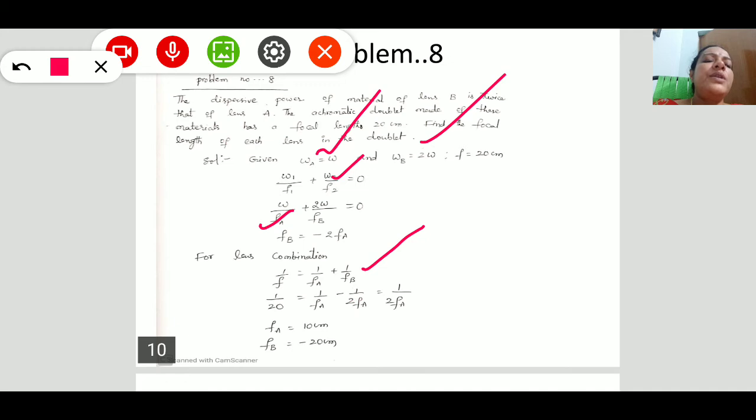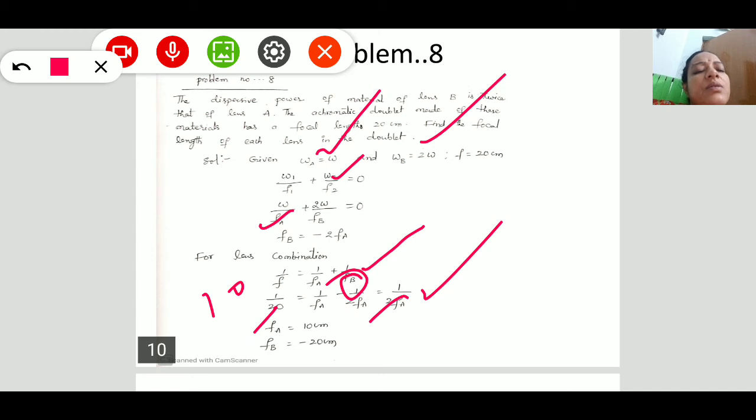Substituting 1 by 20 is equal to 1 by fa minus, in place of fb we are writing minus 2 fa. So by simplification we get 1 by 2 fa. Solving, fa is equal to 10 centimeters.